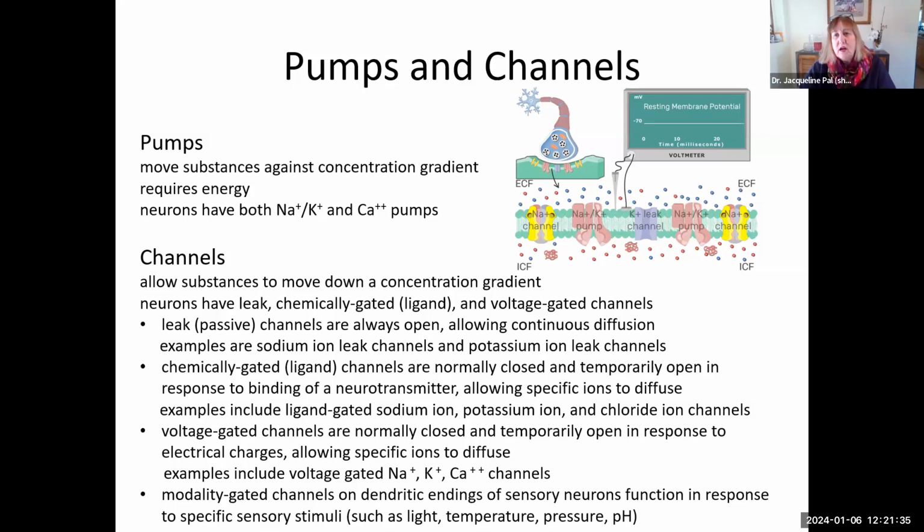We will also be talking about how CO2 and pH work with specific central and peripheral chemoreceptors and baroreceptors to keep your body in homeostasis. But that's much later in the course.